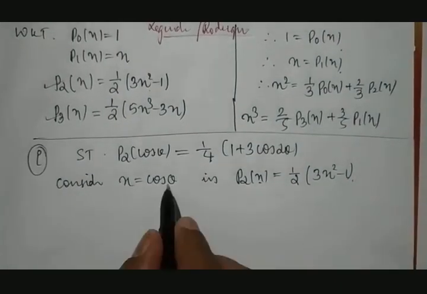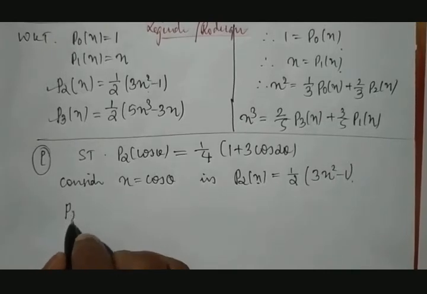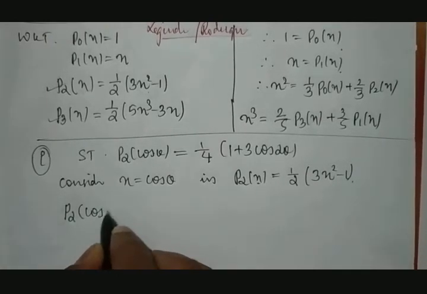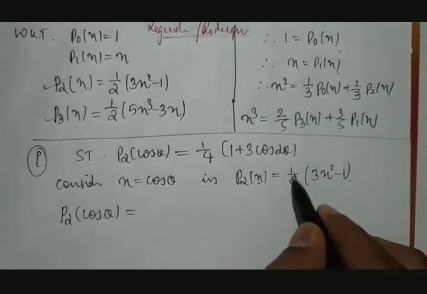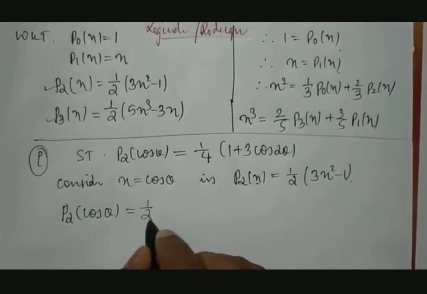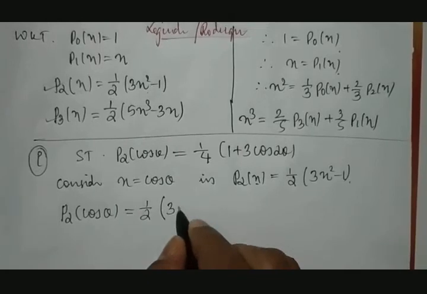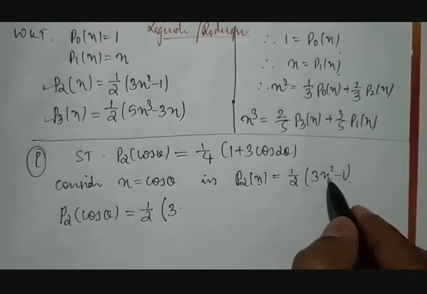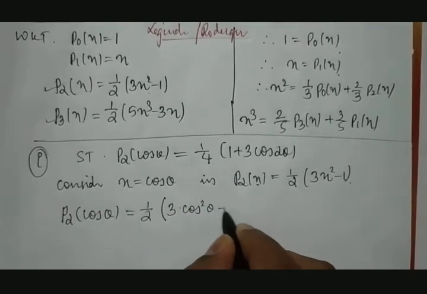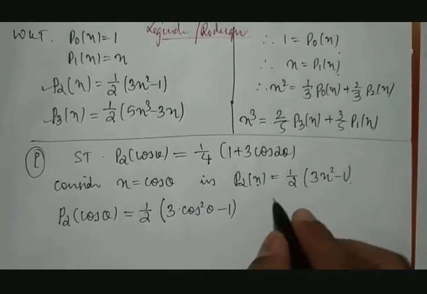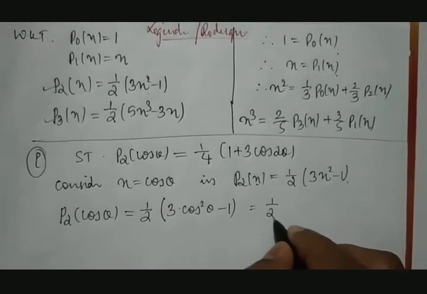Put x is equal to cos theta. Then we will be getting P2 of cos theta is equal to 1 divided by 2 into 3 times x squared, but x is equal to cos theta, so it is cos squared theta, minus 1.